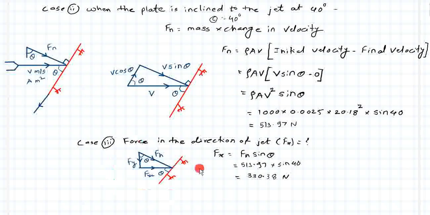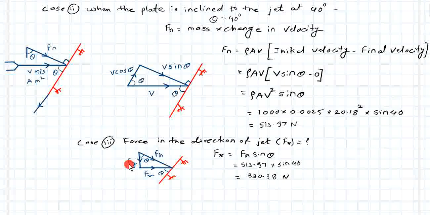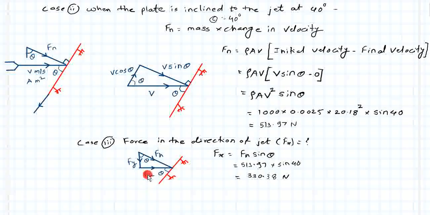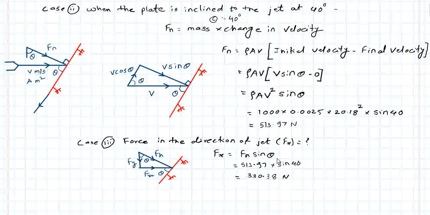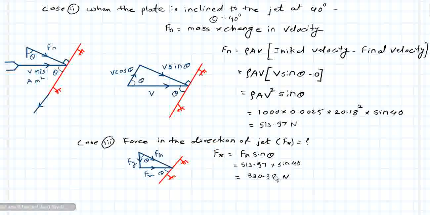This triangle diagram shows the normal force in the xx and yy directions. So from Fn, we have Fx in the xx direction, Fy in the yy direction. So from the triangle, we can say Fx is equal to Fn into sin theta.